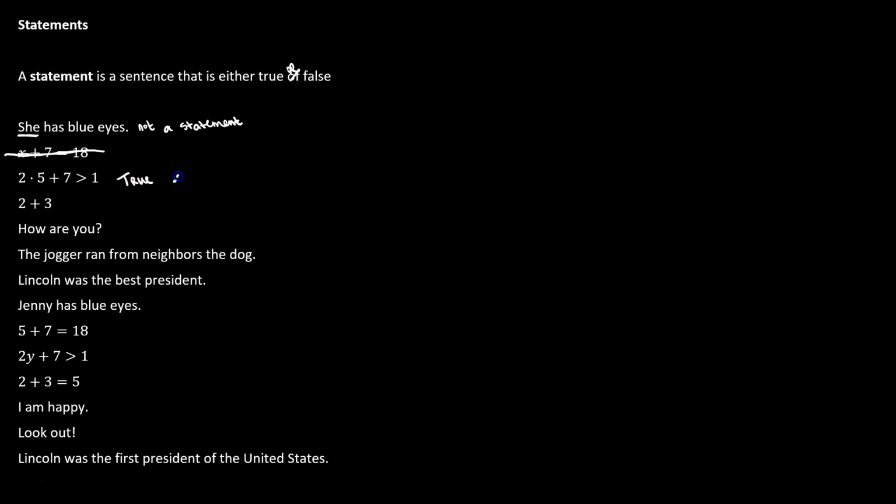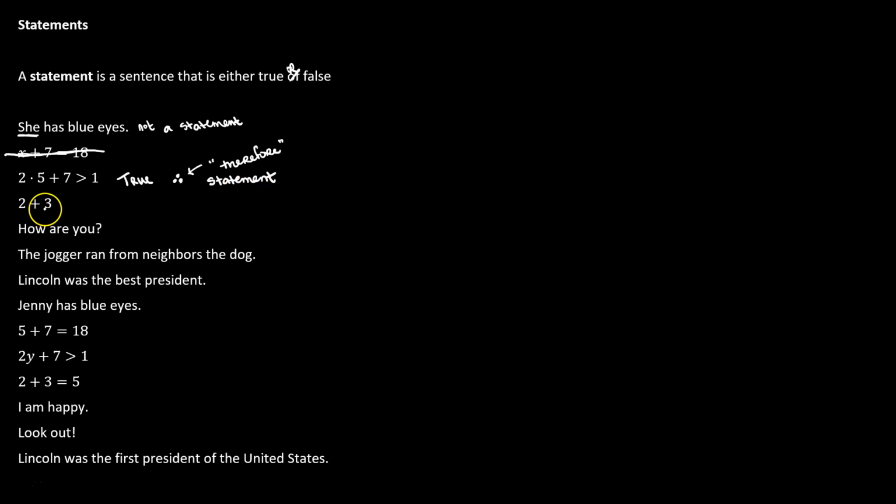I'm going to use these 3 little dots that look like a triangle. Those dots actually mean the word therefore. It's a shortcut to write the word therefore. I can draw 3 dots instead of writing out the 8 letters that are in therefore. So I'll say true, therefore, statement. What about the next one?